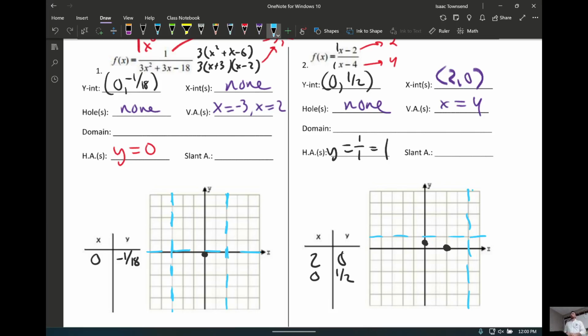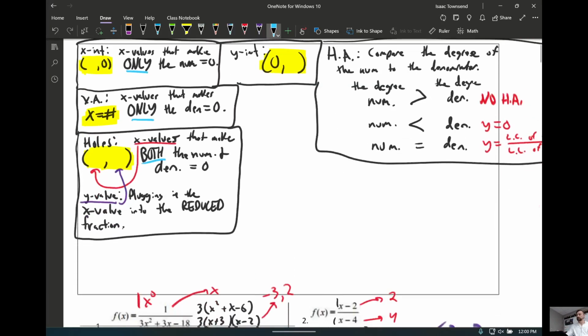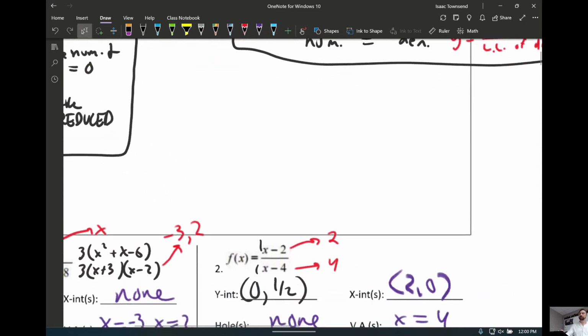Okay, and then finally, the last of the definition type stuff that you need to memorize is for slant asymptotes. So if your asymptote's not vertical, if it's not horizontal, but it's at a slant, this one can be the biggest pain, but luckily most of these don't have slant asymptotes.